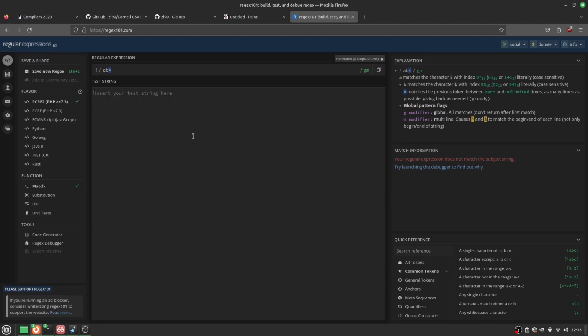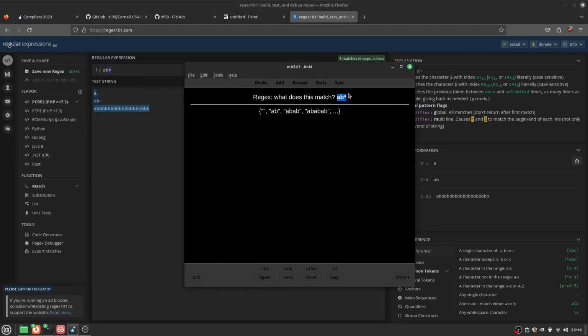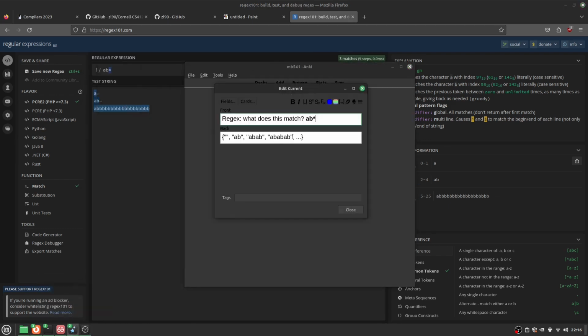Should not match, but it should match A. Should match AB. Should match A, B, B, B, B. But it should not match the empty string. How do you represent that? Yeah, so I think I need to update that. There we go.